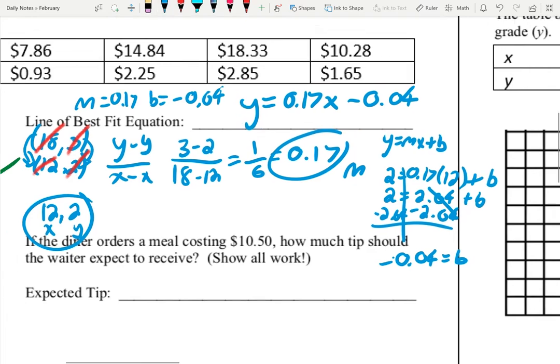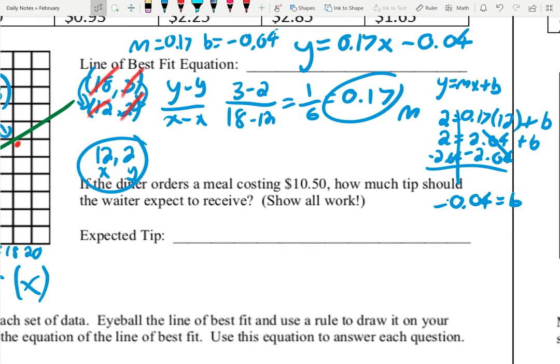Now there's a second part to this. It's the expected tip. So now we can use the equation that we came up with and find the expected tip amount. So it's pretty simple. It's just plugging into the equation that you've made. So since my equation was, again, y equals 0.17x minus 0.04, I'm looking for the tip amount if I pay $10.50.